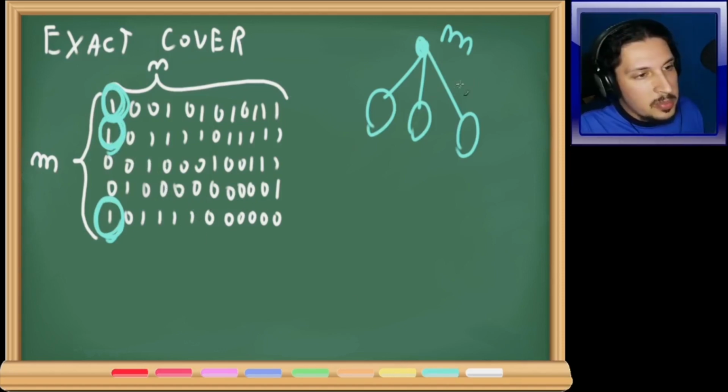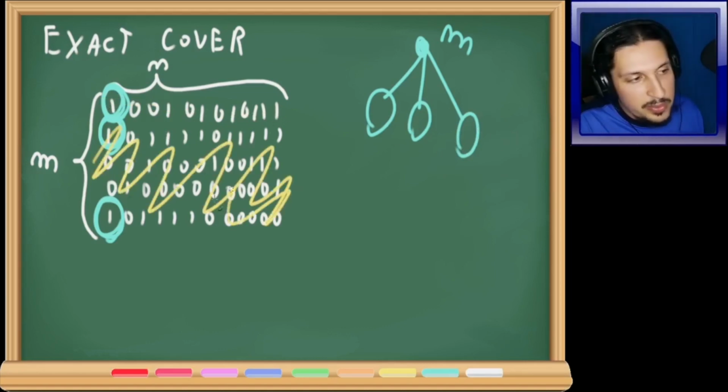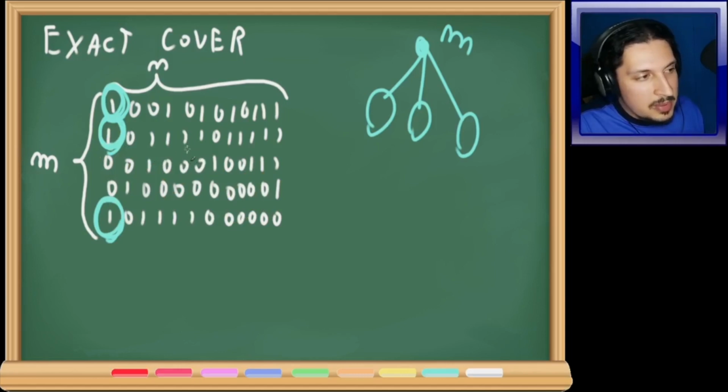And what about the size of these problems that remain? Well, we are not sure of the exact size because, as before, maybe we pick this one and this destroys everything. We saw an example. But we know that at the very least, all of these ones must be destroyed too, because they share at least this bit.